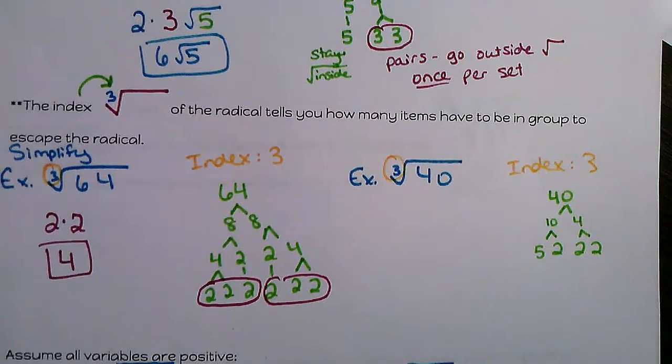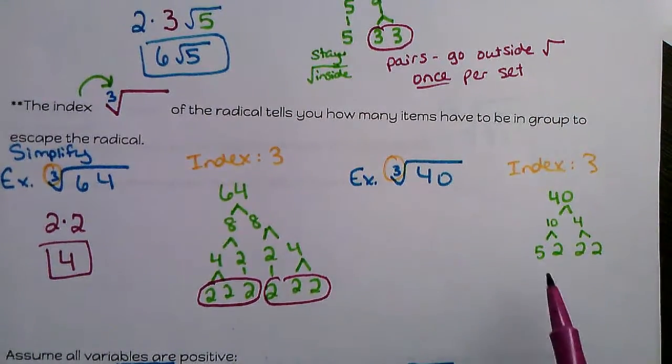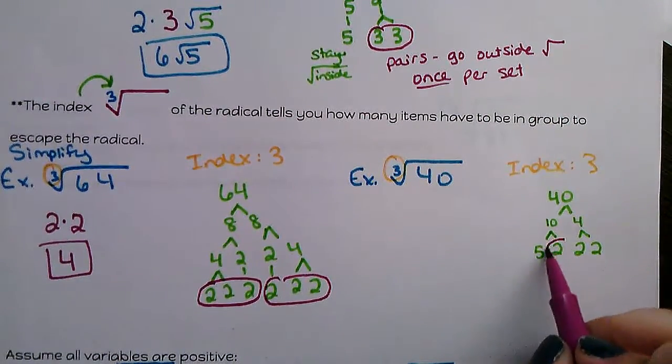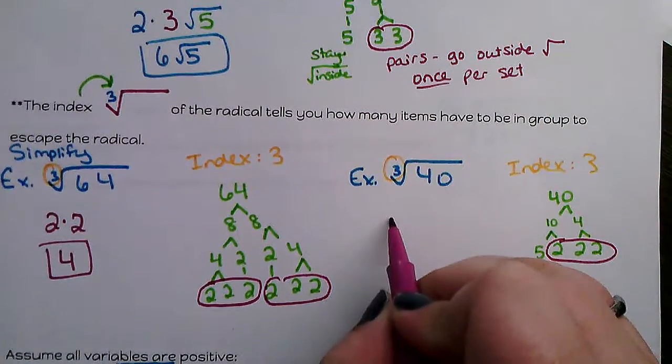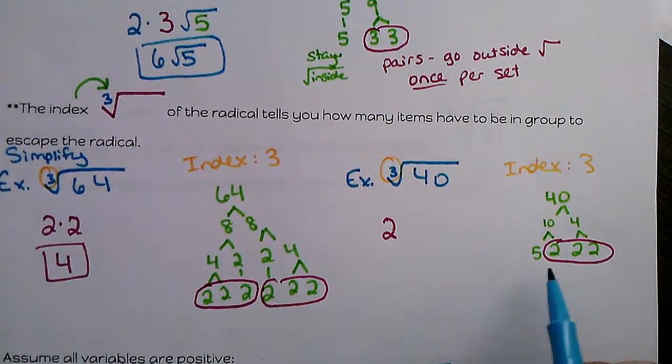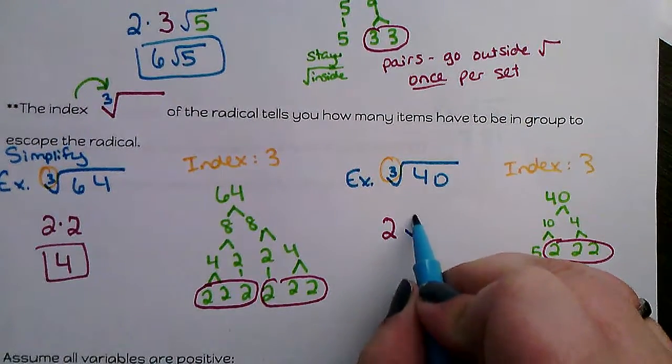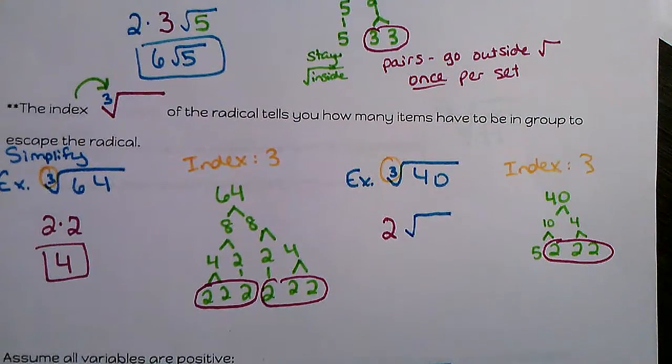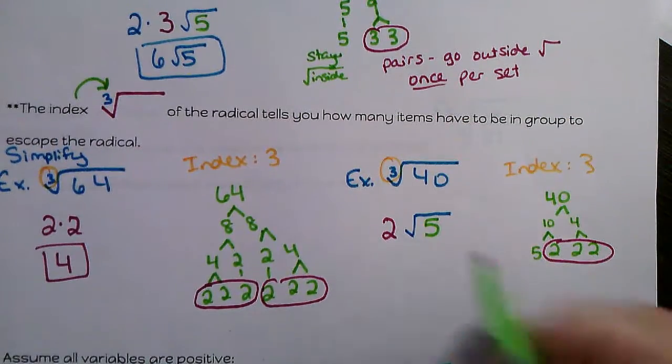They can only divide by themselves and 1, so that's why we stop there. So I'm looking for a set of 3. Do I have 3 of the same number? Yep. I have 3 2's, so that's going to go on the outside. But on this one, I still have a 5 left over, so I have to put that radical so that the 5 goes under there and put it there.